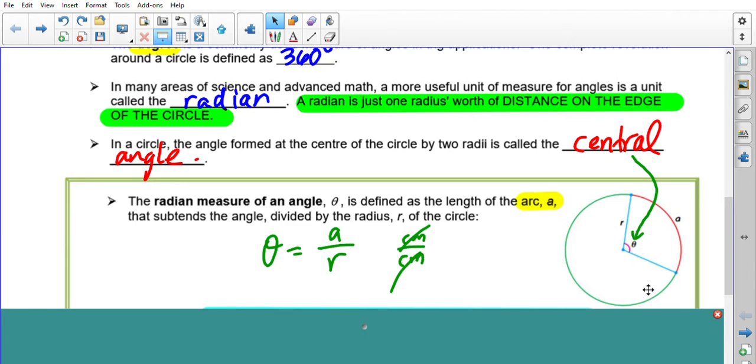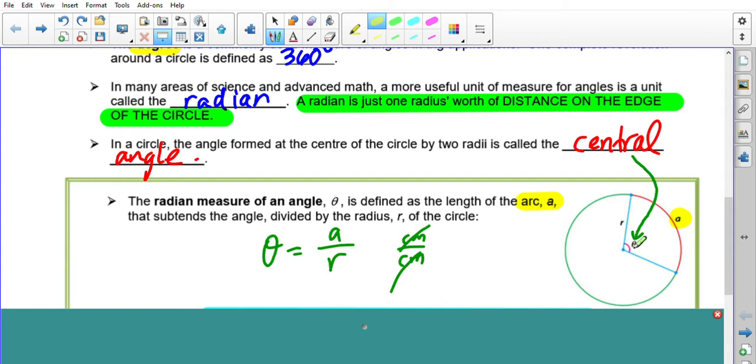This angle is created by two radii of obviously the same length, but what we care about is this length that covers along the circumference of the circle. So we call that the arc length. So if you want to highlight that here. So A here is our arc length, and then we have our central angle inside here.